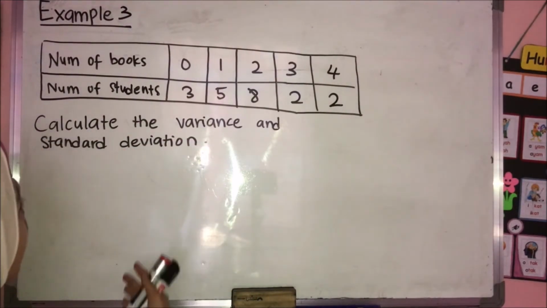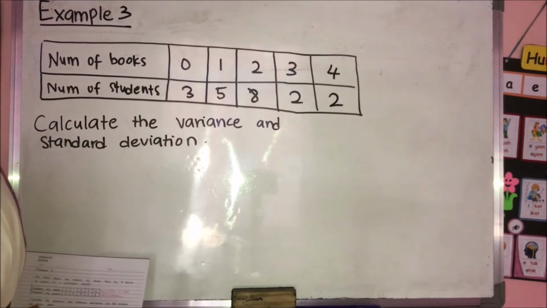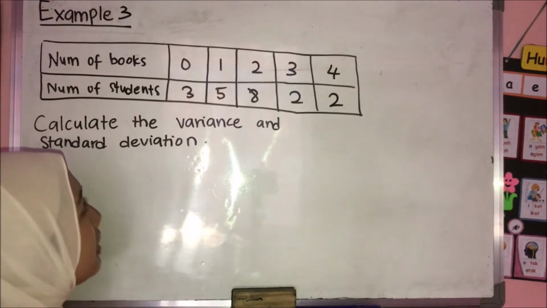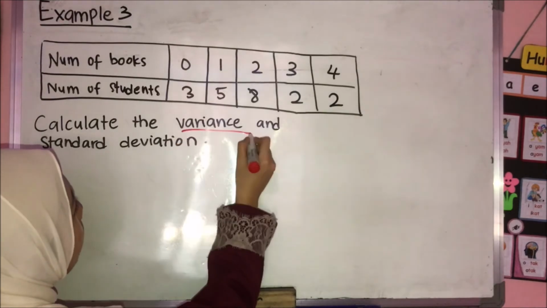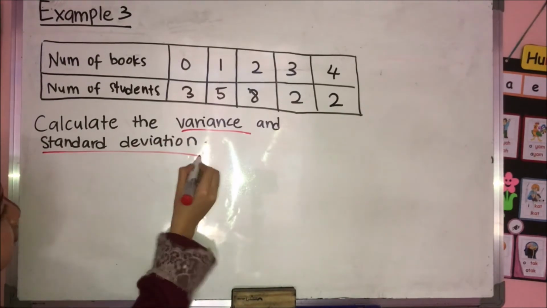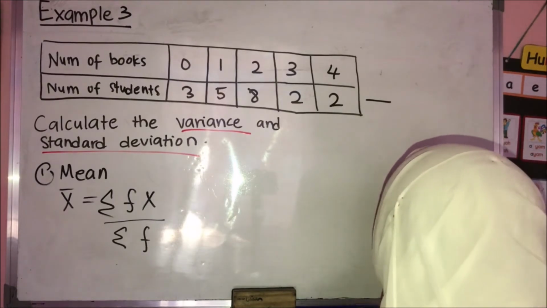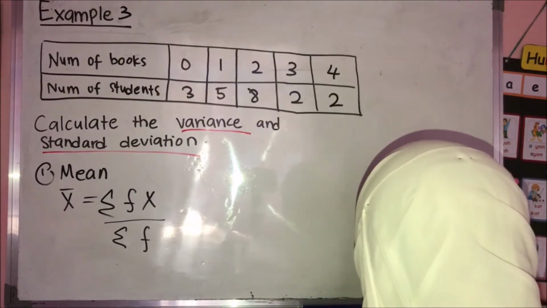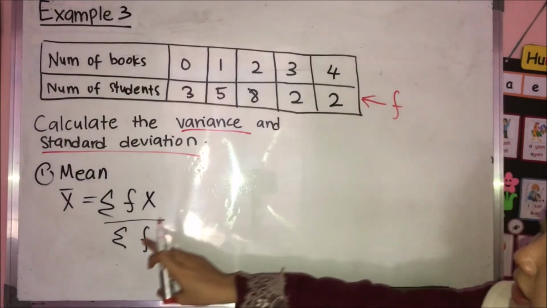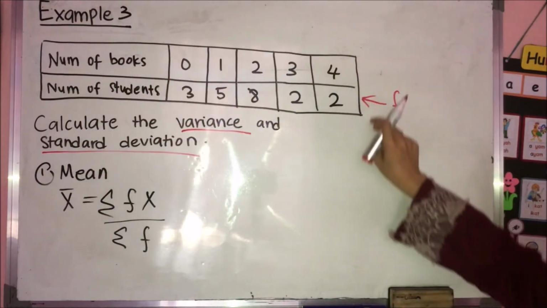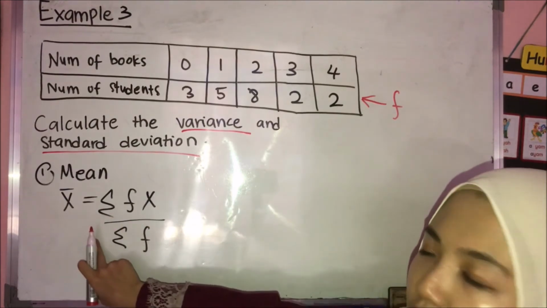So, next question is example 3. The table shows the number of books read by a group of students in a particular month. Okay, so calculate the variance and standard deviation. The number of students, this one is frequency. If you find this frequency table, you must use this formula.